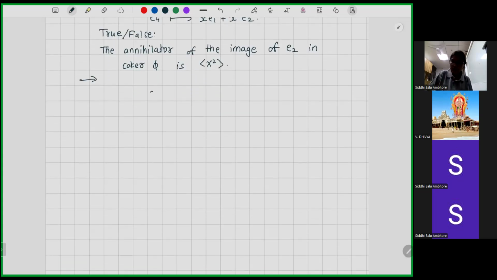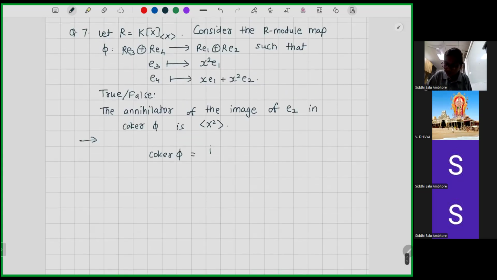So I hope you know what the co-kernel is. The co-kernel of phi is the codomain, R e1 plus R e2, divided by the image of the map phi. That is the co-kernel.